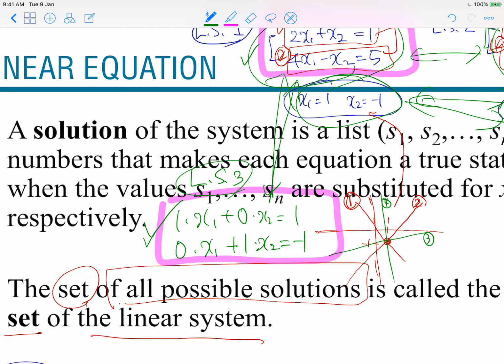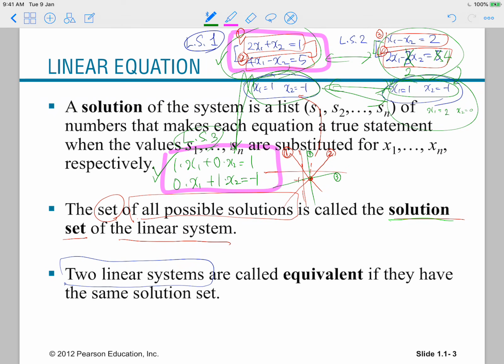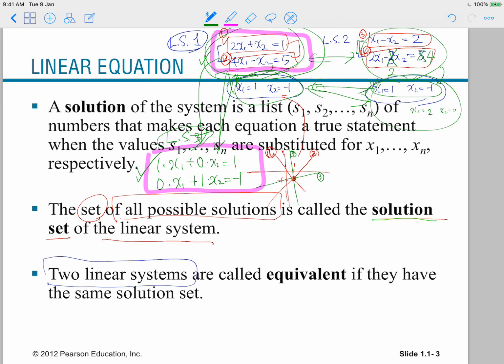The assumption we have to maintain throughout this process is that once we transform one linear system into another, those two should have the same solution set, that is, they should be equivalent, so that the resulting linear system gives us the same solution as the initial linear system. Any questions so far?